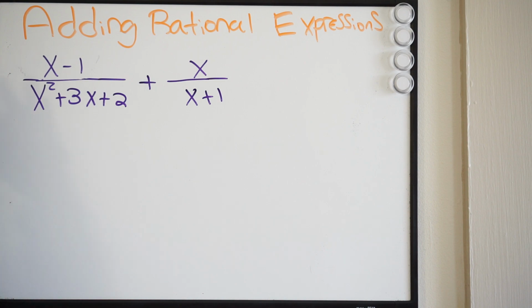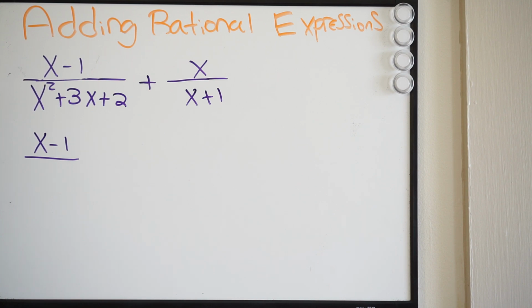Looking at this problem, I noticed that I have a quadratic on the bottom here. So the first step is to go ahead and factor. Let's factor this so we can get a better representation of what is going on here. I'm just going to rewrite this as x minus 1. And if I were to factor this, you can use the AC method, right? We've talked about this numerous times.